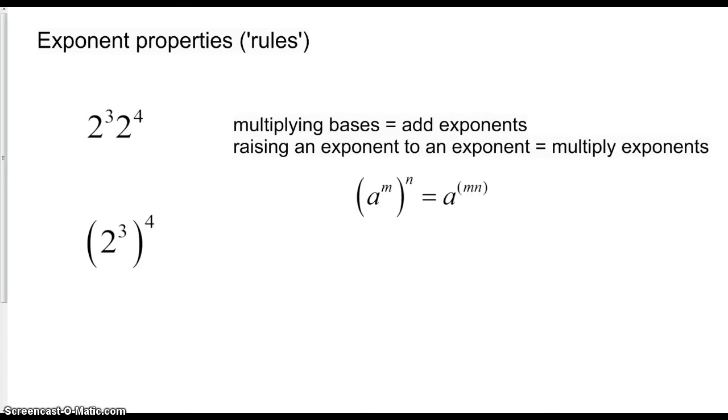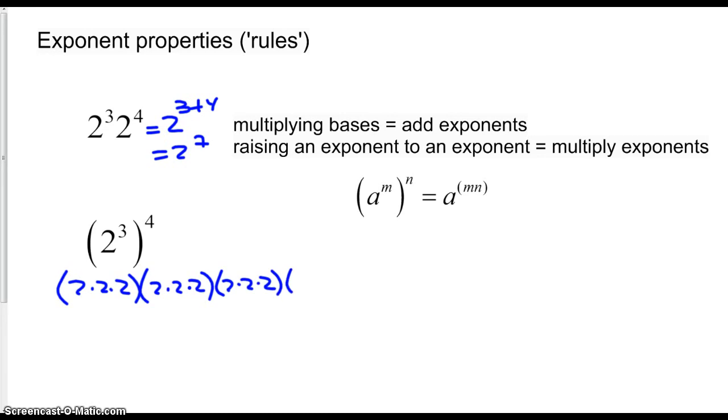Okay, let's say a couple other things here. Just to keep in mind, 2 to the 3rd times 2 to the 4th, we learned, we add the exponents in that case, and we get 2 to the 7th. What happens if I have 2 cubed and then I raise that to the 4th power? Well, each 2 cubed is 3 2's multiplied, but if I multiply that by itself 4 times, then I have to have that 3 four times.